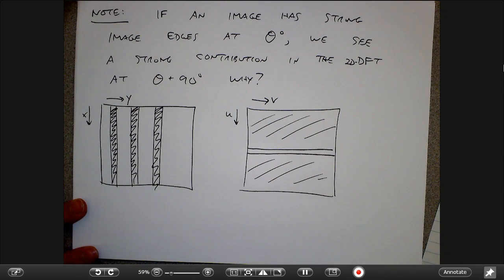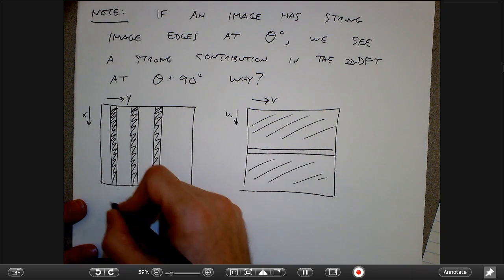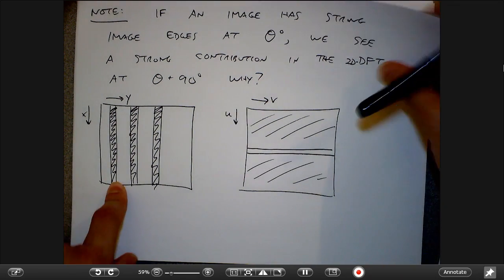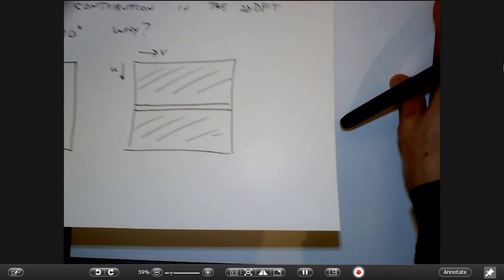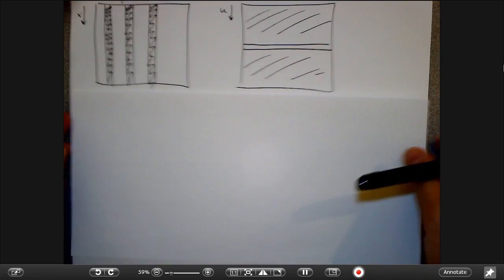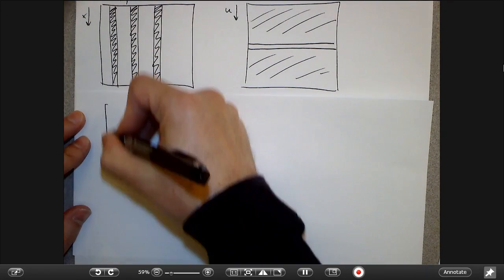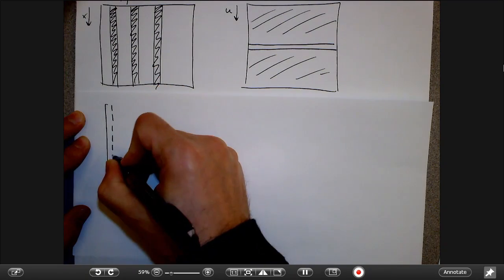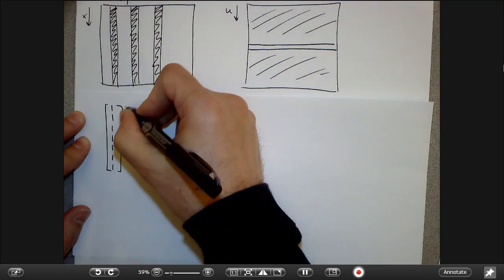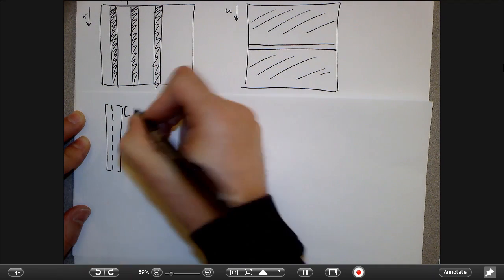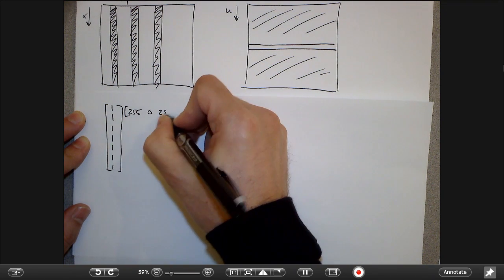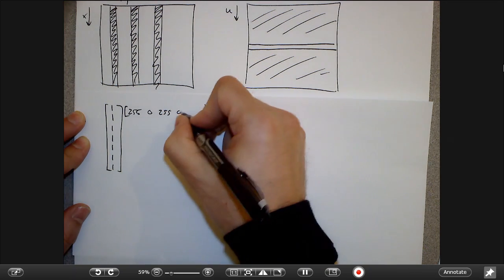Well, this actually makes sense. One way to think about this is, how do I generate this image? This image is like saying I take a vector of constant values and I outer product it with a vector of stripes.